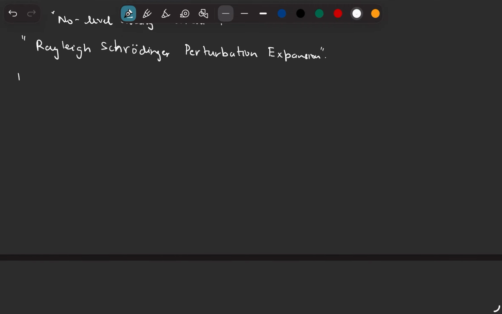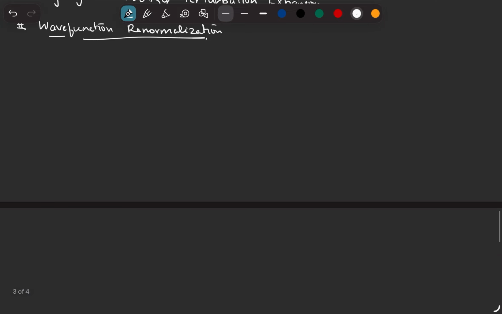Great. And just on a very small note, I'm going to mention the wave function renormalization. It's pretty simple: because you now have corrections to your wave function, in principle you define a new normalized wave function as Zn to the power 1/2 times |n⟩, with the wave function normalized to 1.